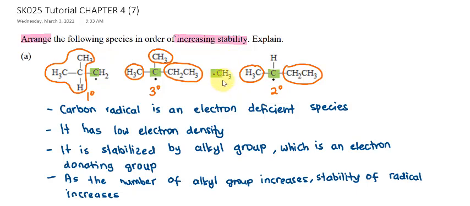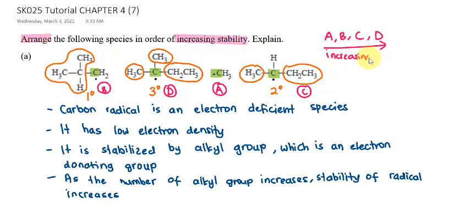So the methyl carbon radical here has the lowest stability, so we label it as A, followed by the primary carbon radical because it only has one alkyl group, so this one is our structure B, and then secondary C, tertiary D. To arrange it, A, B, C, D, and then put an arrow here and label it as increasing stability.